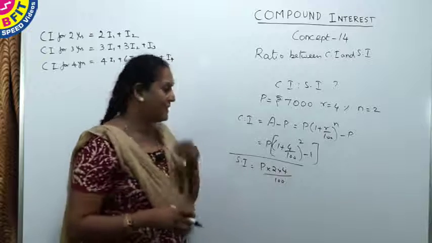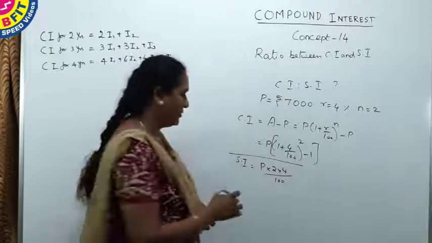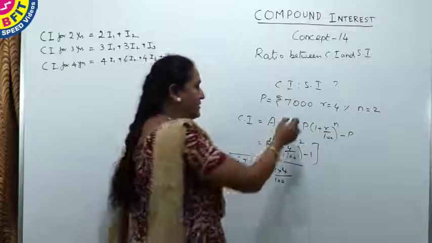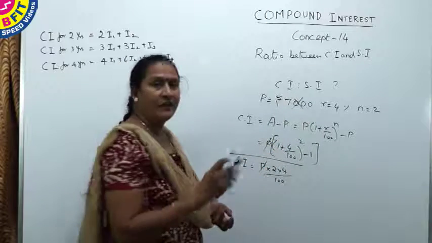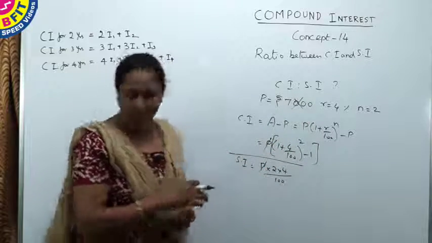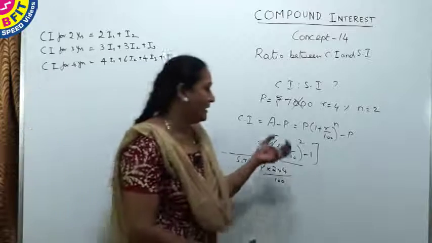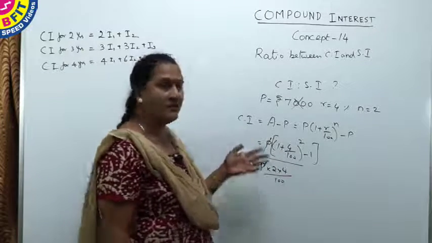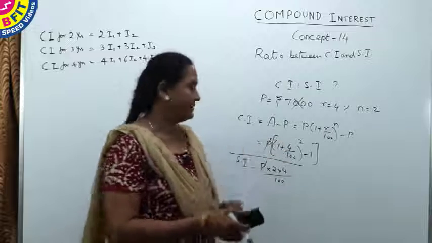But when you check here, when you are finding the ratio, the principal gets cancelled. So without using this data itself, we can find the ratio. Now I will tell you, without doing all this working, how simply you can find the ratio between CI and SI for 2 years.